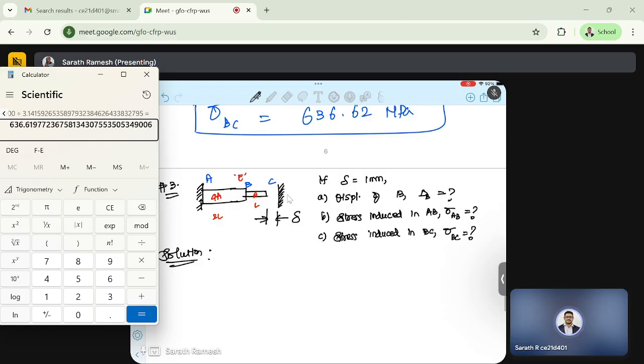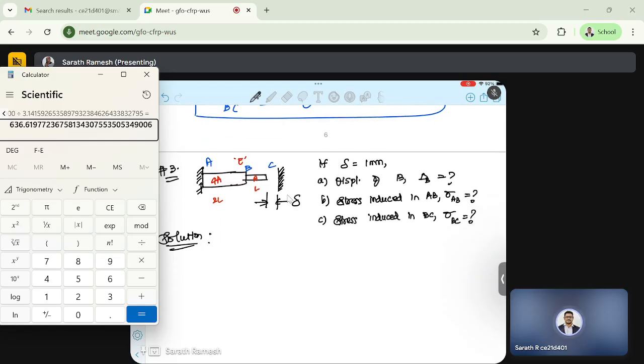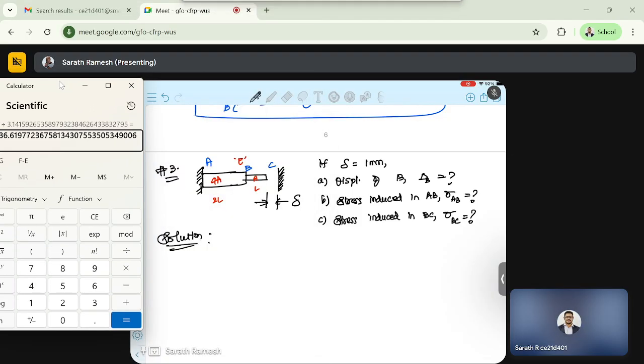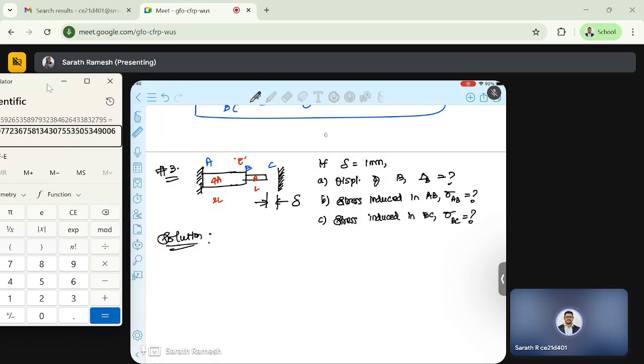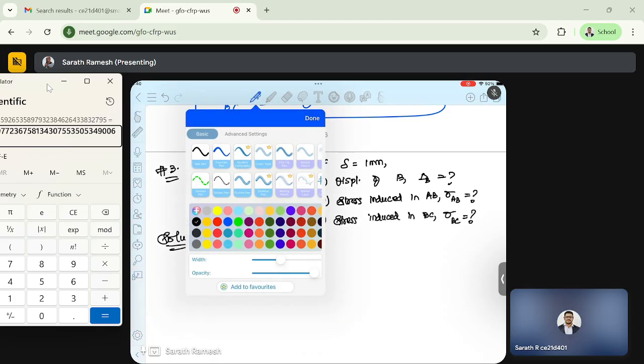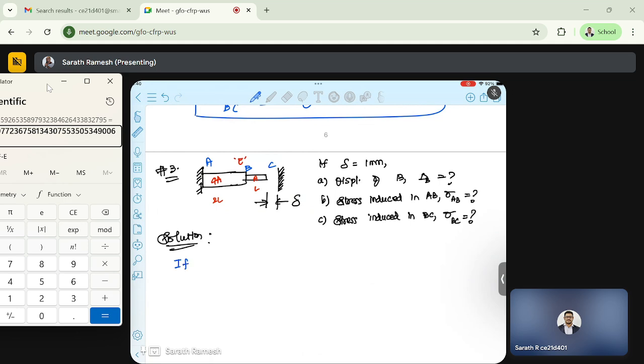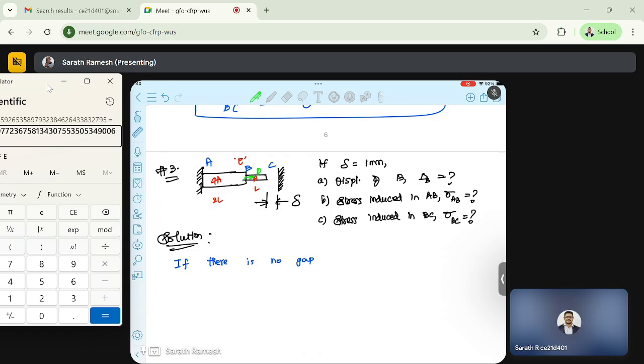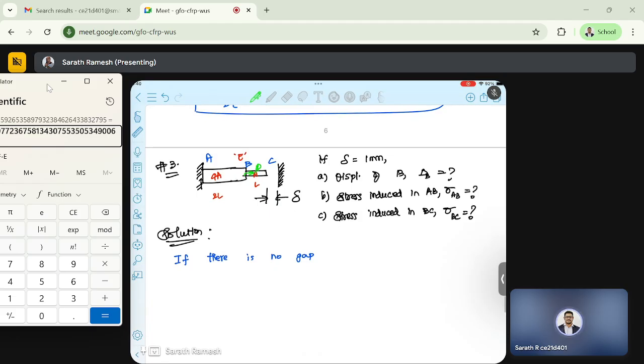Now, if we have a problem with a gap, an easy procedure that we adopt is we assume the gap is not there. Okay, assume there is no gap and solve the problem. Suppose there is no gap. By the way, there is a load here. I missed it. This P is the load. Okay, there is no other load. Only P is the load.